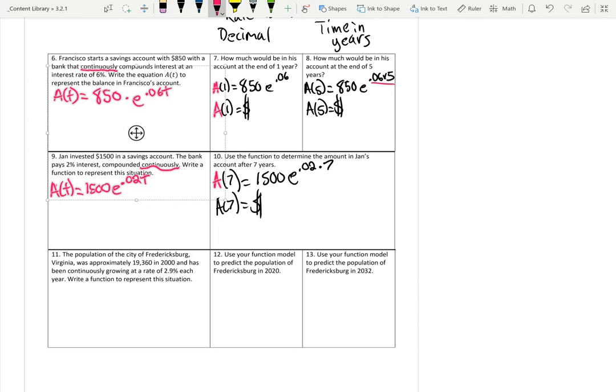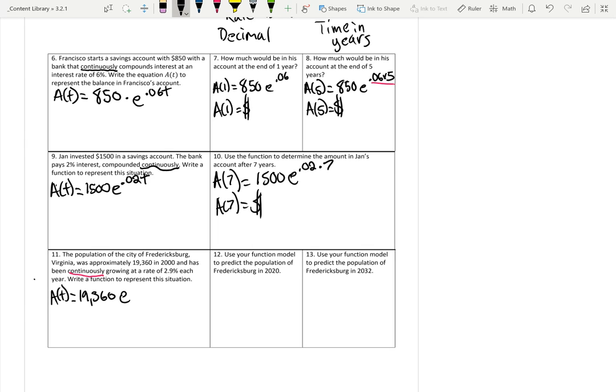All right, the last one, and we're going to talk about population again. Now, the difference in this wording is that instead of our growth formula, since it's continuously growing, which makes sense because cities typically grow continuously, we're going to use A of t. How much was my starting amount? 19,360.